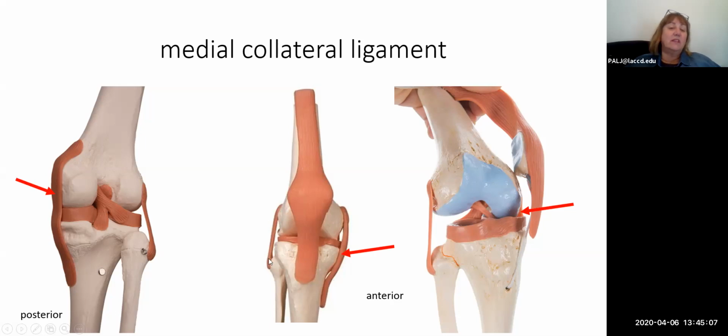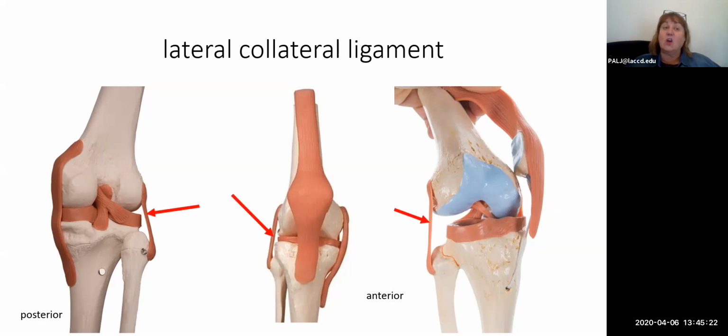Before I go to the next slide, notice the one I'm pointing to here, which is going from the femur to the fibula. Try to predict what that one's going to be called. Yes, that's right. It's called the lateral collateral ligament. So the medial collateral ligament and the lateral collateral ligament can be clearly seen on all three of these photos.